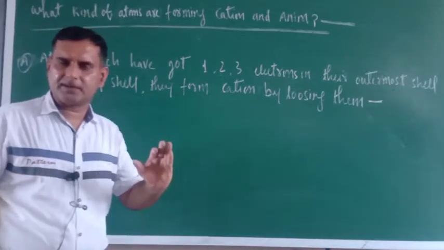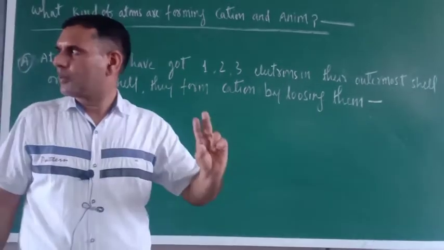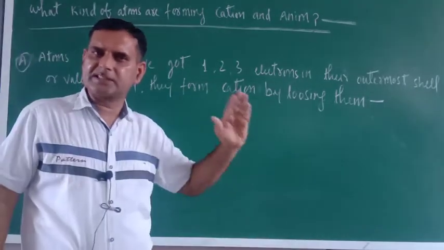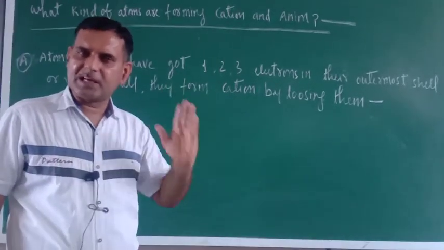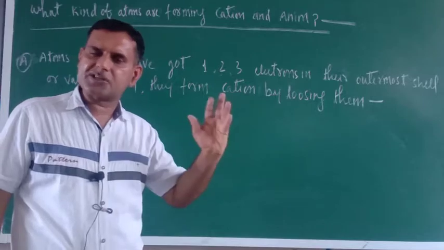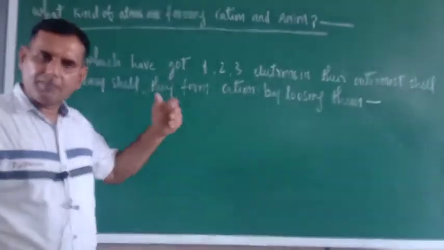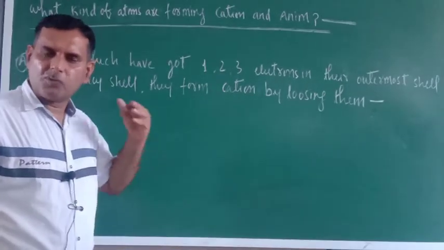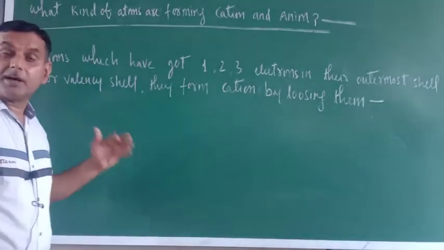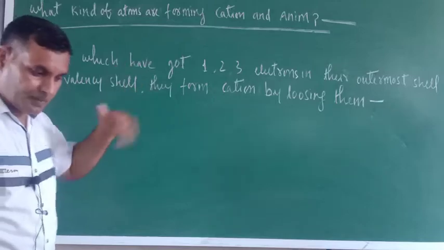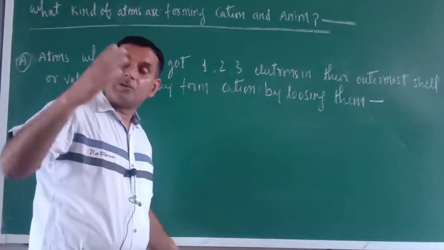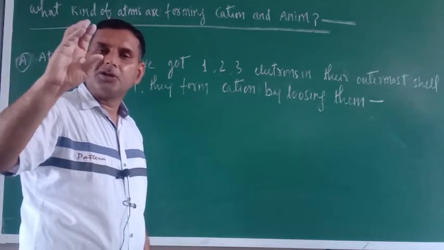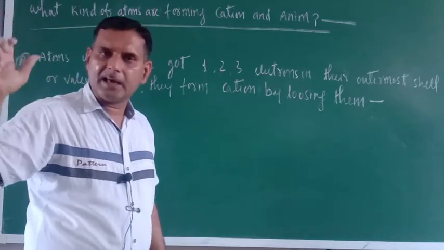Once again listen here. I am not teaching your unit, chemical reactions and equations. Whatever raw material is required to understand that particular unit, the basics of that unit, I am teaching that. For writing the chemical formulae you require the cation and anion.